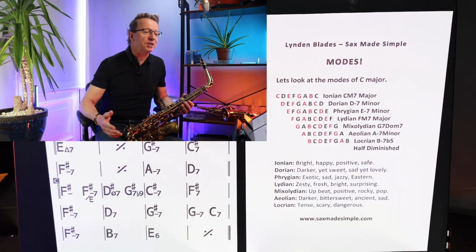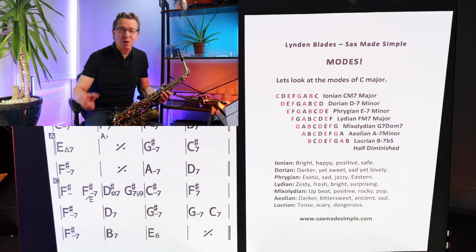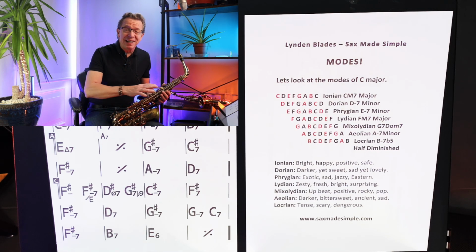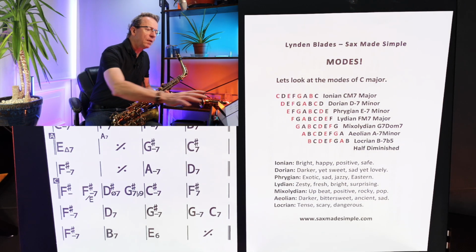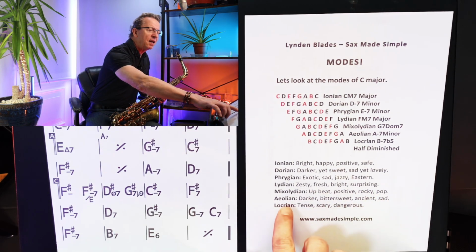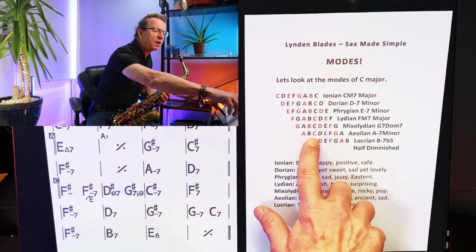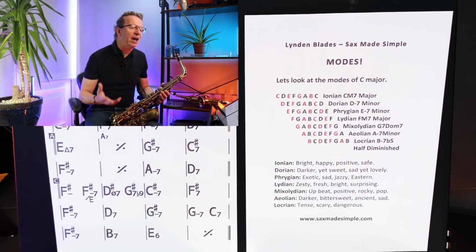And we would call this a dominant seventh. That would be written down as G7. And again, you could do any one of these modes in any key. So that's your Mixolydian.